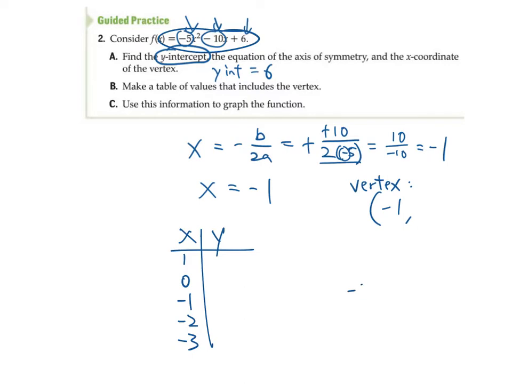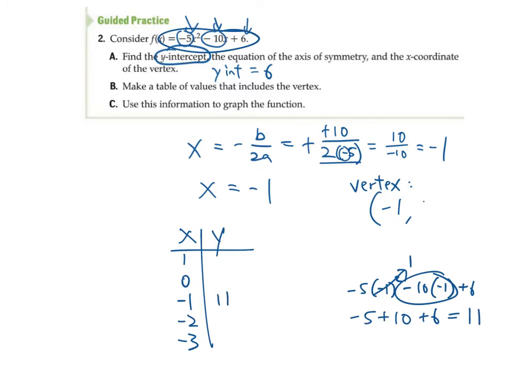That is negative 5, negative 1 squared, minus 10 times negative 1, plus 6. 1 squared becomes just 1, so negative 5 plus 10 plus 6 is equal to 11. So that is going to be my vertex.